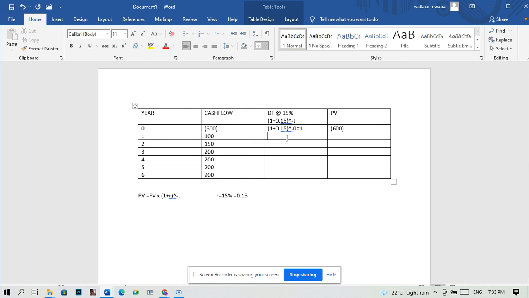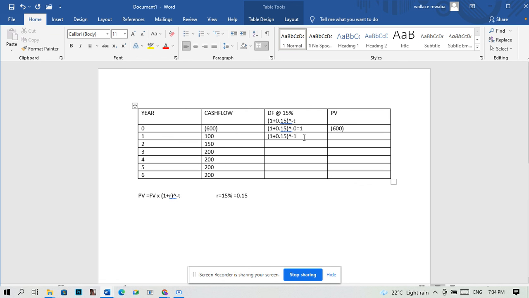Going to the end of year 1, 1 plus 0.15 to the power negative 1. So 1 plus 0.15 is 1.15, so 1.15 to the power negative 1.